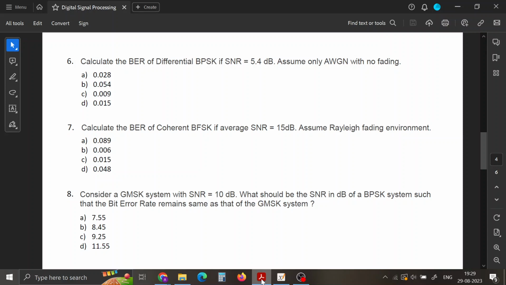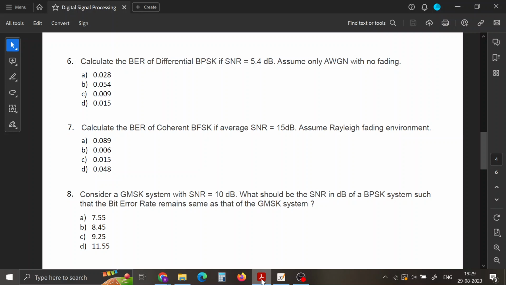Read the 8th question. So a GMSK system is given with SNR of 10 dB.